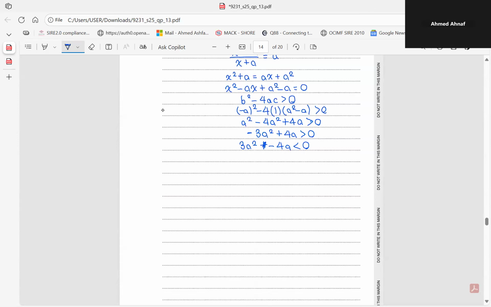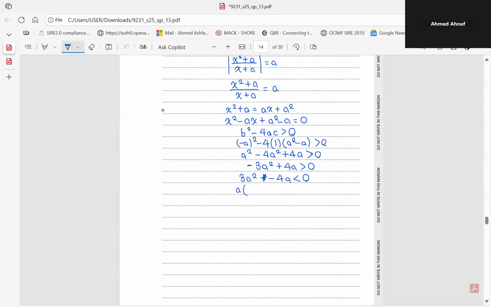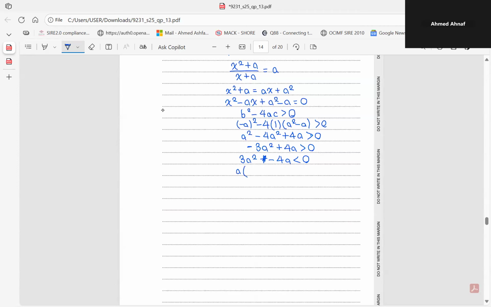Okay, let's factorize a. So a times 3a minus 4 is less than 0.